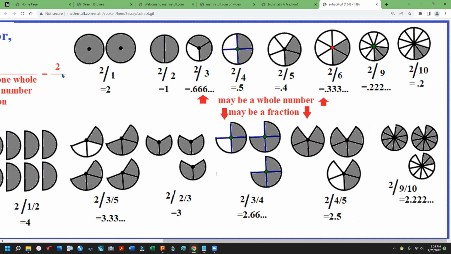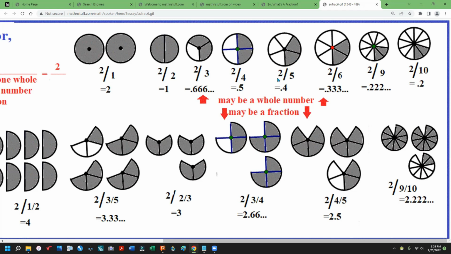Here we're talking about two wholes and some denominator, some number of pieces in one whole. Here it's 10 pieces, we get 2/10. Here there are 9 pieces, 2/9. 6 pieces, 1/3.